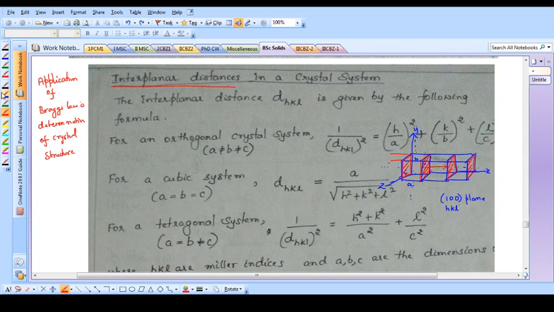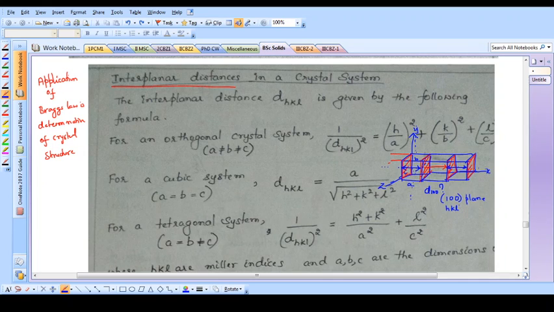Let me change the color. Okay. So what is D100? What do you mean by D100? It is the distance between two 100 planes. Remember, the distance between these two 100 planes is same as the distance between these two 100 planes. So the distance between two planes having same HKL values are always same, provided the planes should be adjacent to each other.